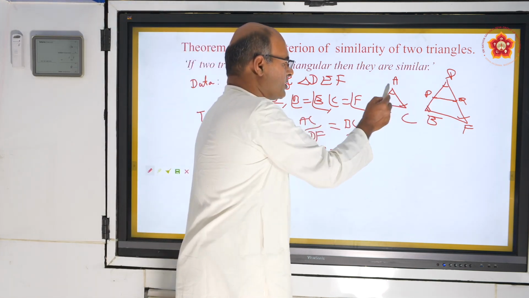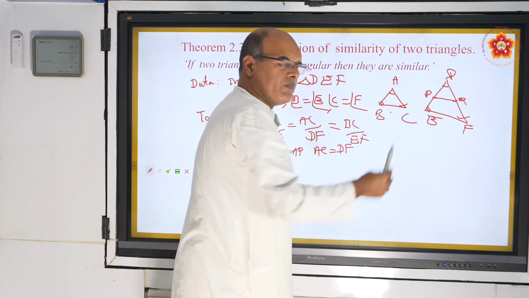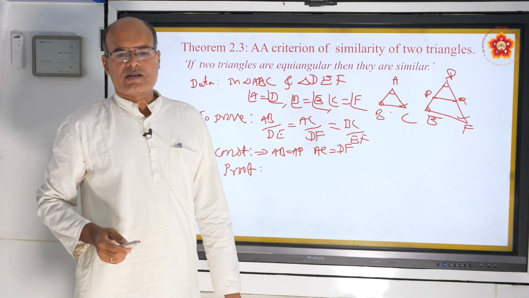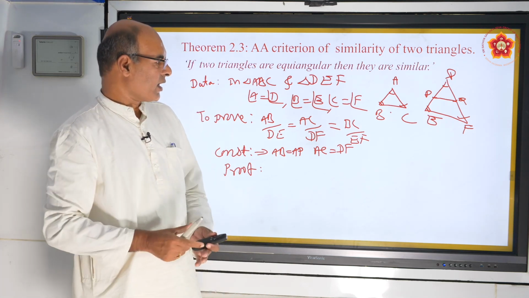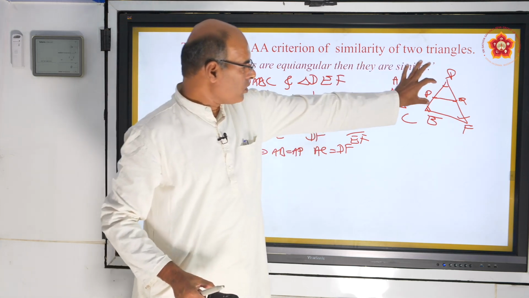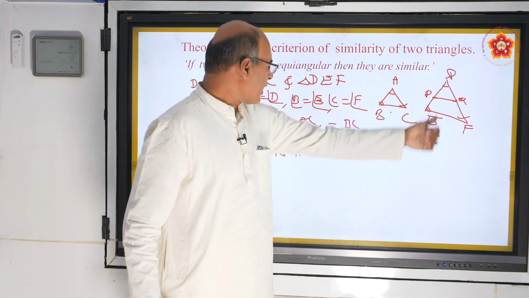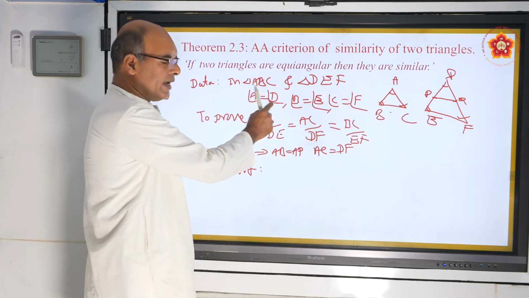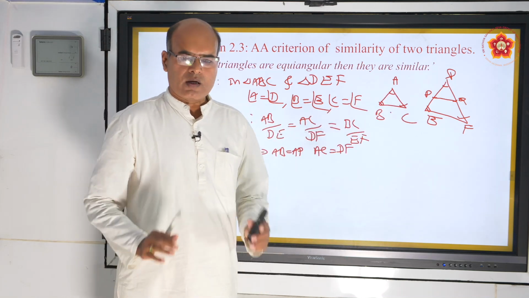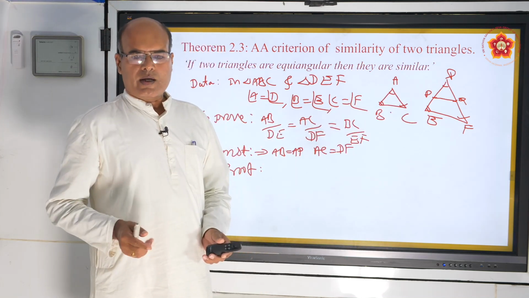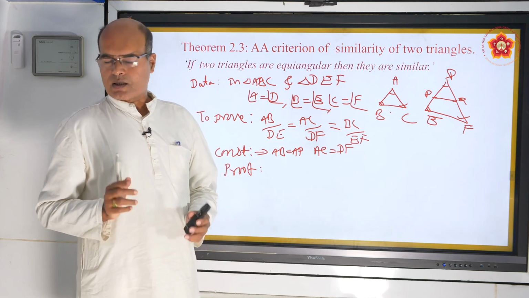Whether these two triangles, triangle ABC and triangle DPQ, are congruent triangles. Yes, they are congruent triangles because AB is equal to DP, AC is equal to DQ, and we know that angle A is equal to angle D. It is here. Angle A is equal to angle D. So those two triangles are congruent according to the SAS criterion of congruent triangles.